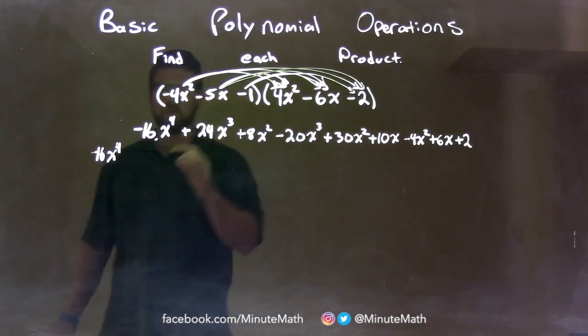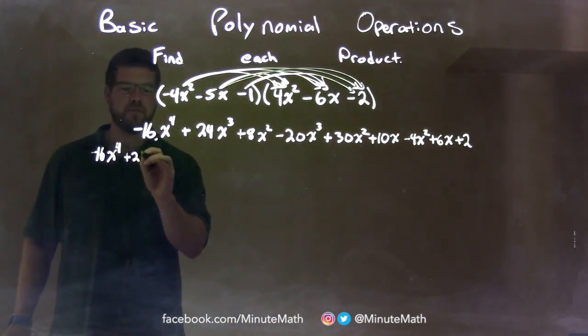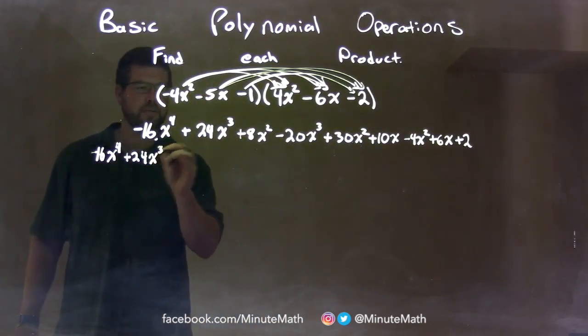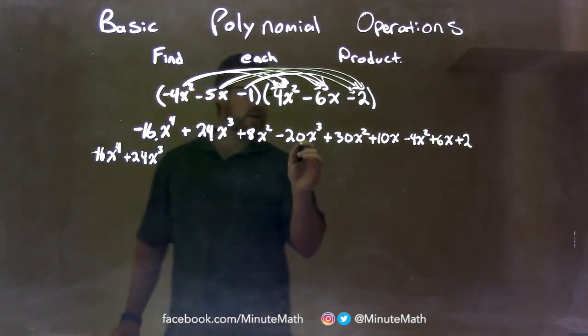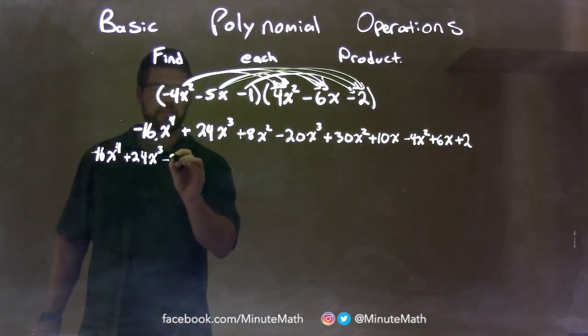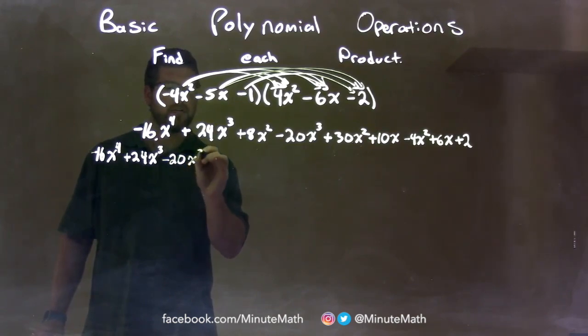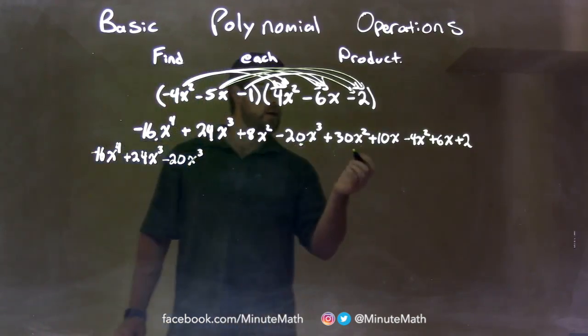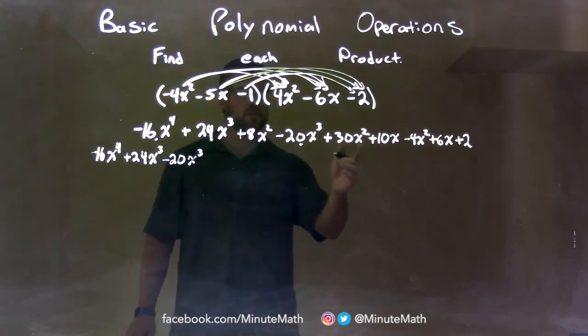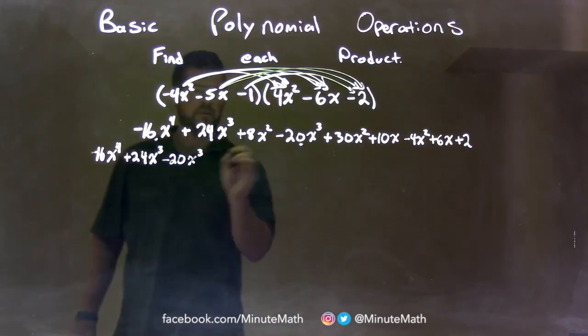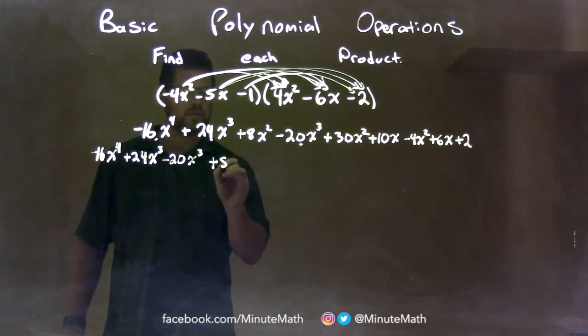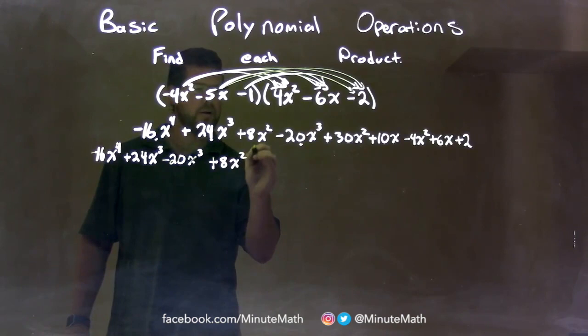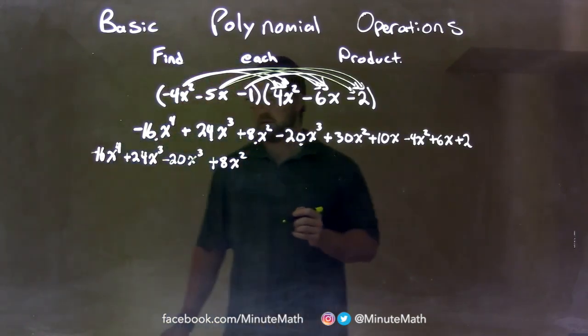Now the 3rd degree, so let's bring them down. Plus 24x to the 3rd. Brought that down. And the next x to the 3rd here is a minus 20x to the 3rd. And then that's it for the x to the 3rd. Now we have our x squareds. We have an 8x squared. This marker's dying here, but I think you can still see it.